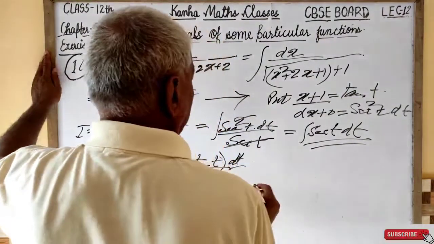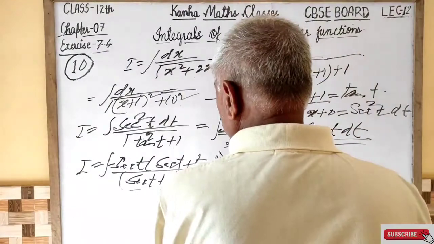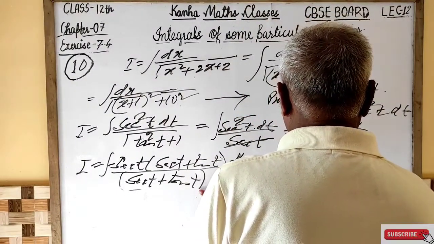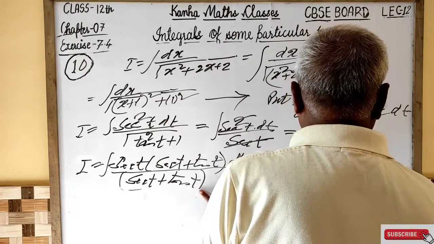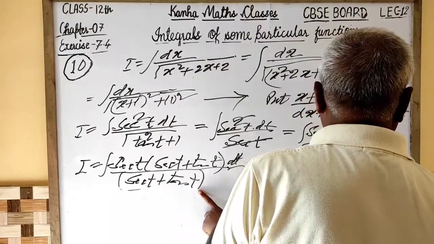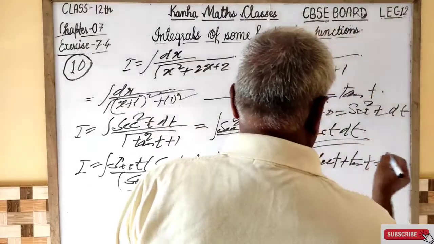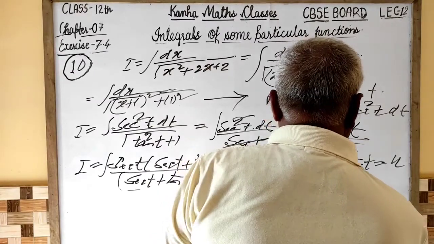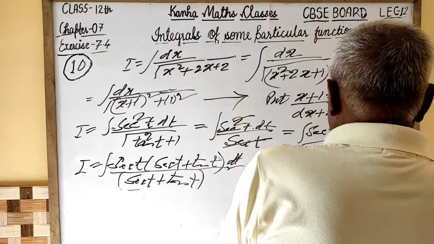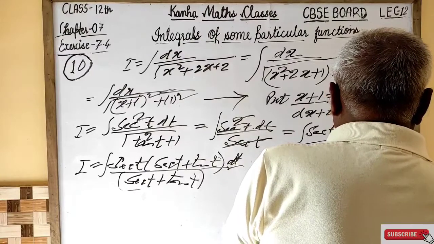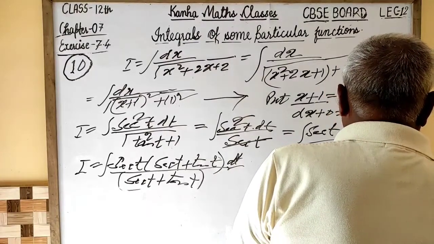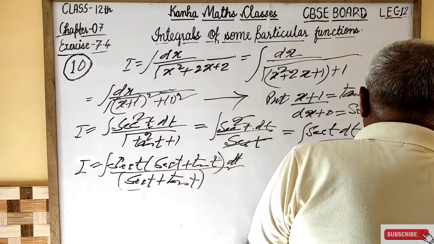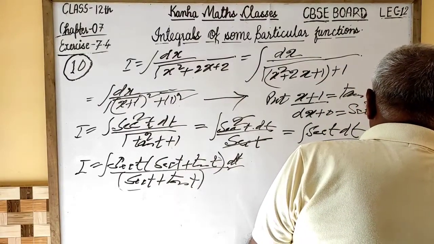Now again we will substitute: put sec t plus tan t is equal to u. The derivative of both sides, of sec t is sec t tan t, and that of tan t will be sec square t, dt is equal to du.